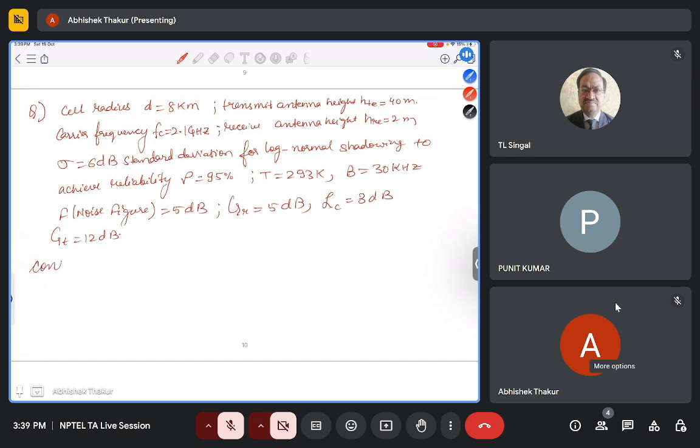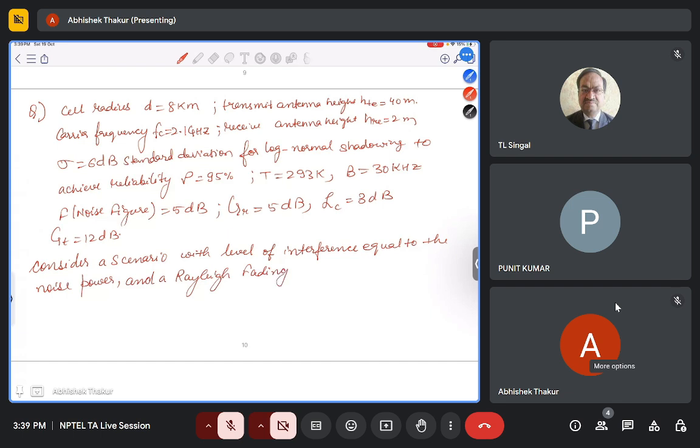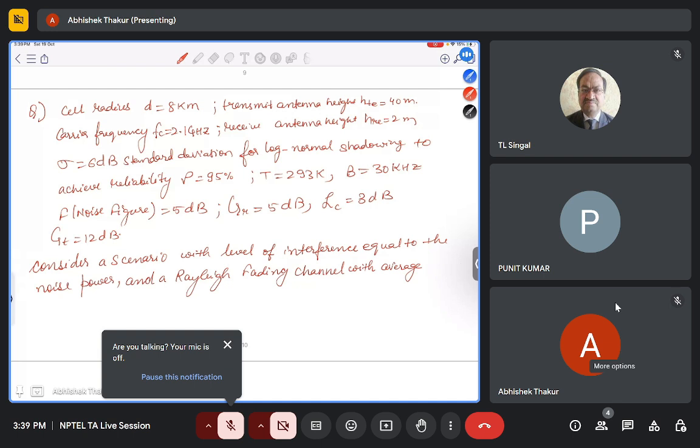So these are the given things. So consider a scenario with a level of interference equal to the noise power, and a Rayleigh fading channel with average power unity.